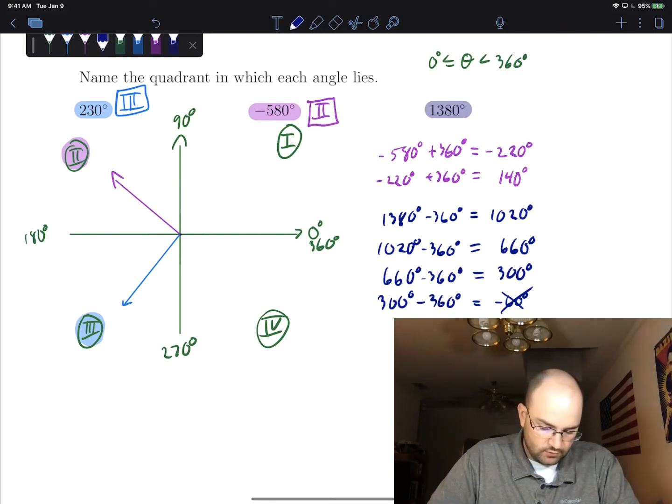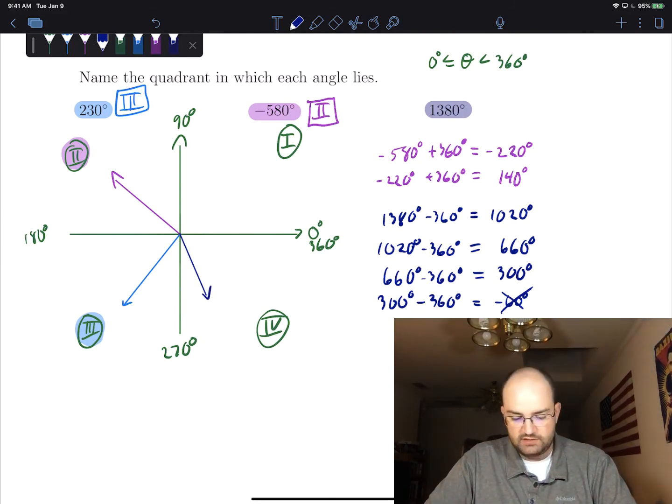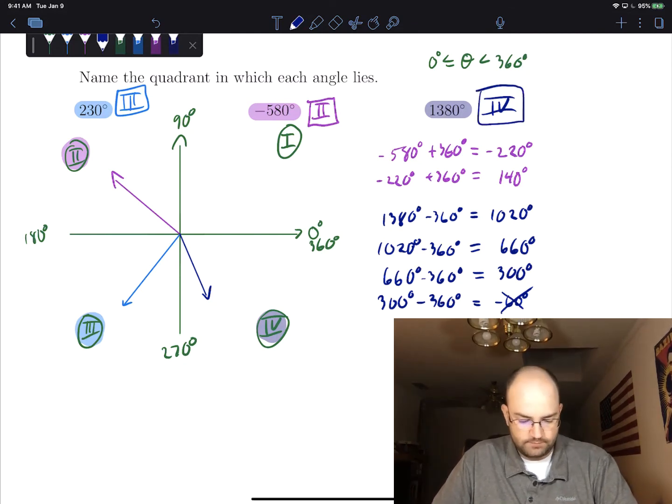So this angle will look something like that. There you go. And that would be the angle. And notice what quadrant that is. That is quadrant 4. So the answer here is quadrant 4.